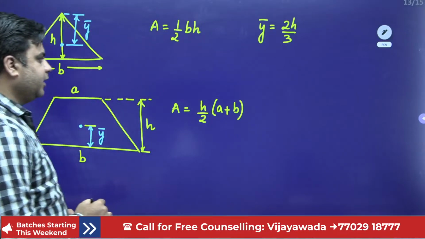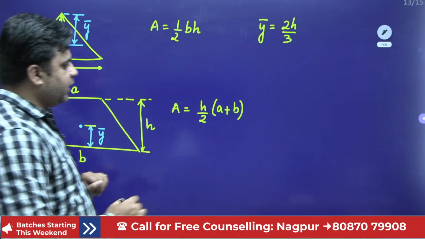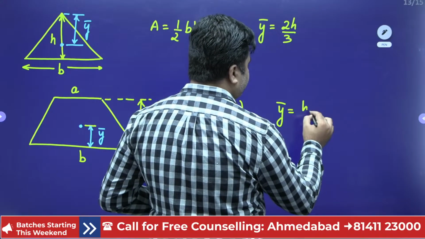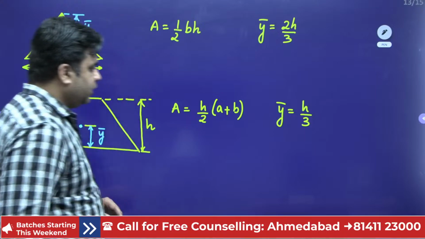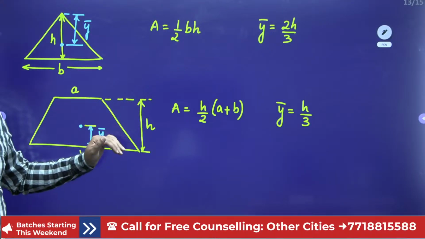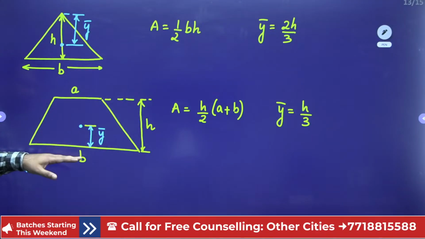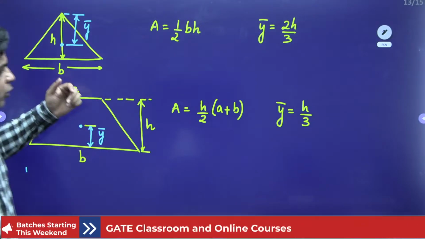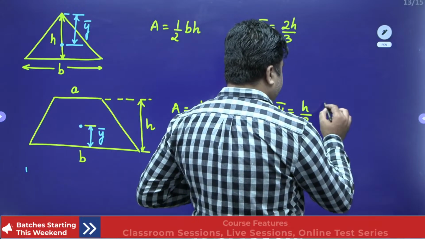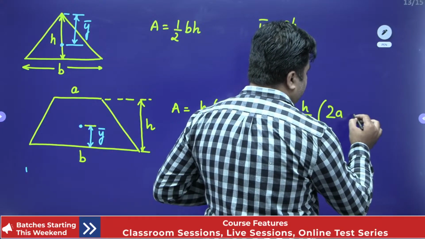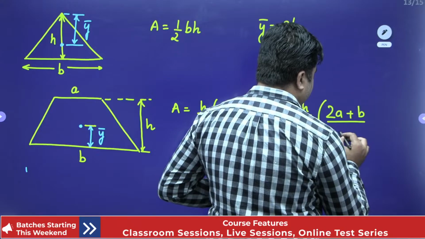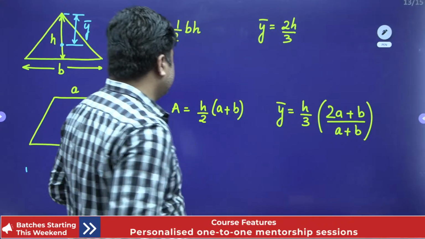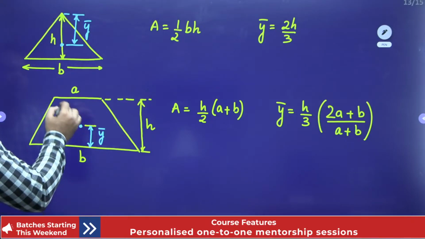This is the area. If I talk about the CG y bar, it is h by 3, right? You have to remember h by 3. Now for calculating y bar, we are moving from B to A. So while moving from B to A, you will write (2A plus B) by (A plus B). So this is the CG for your trapezium.